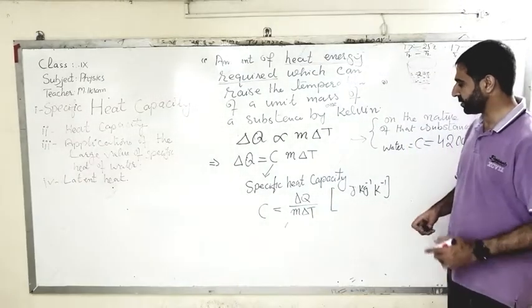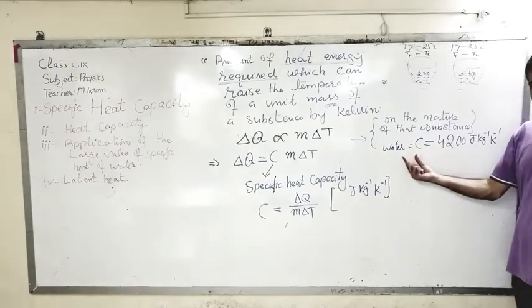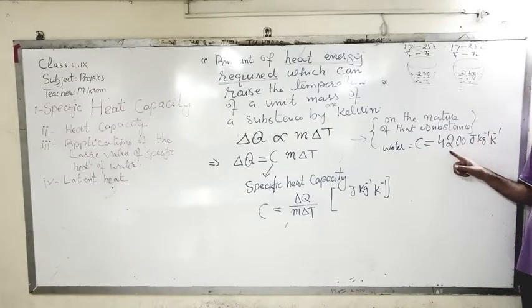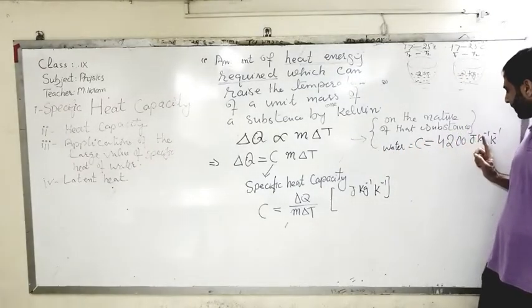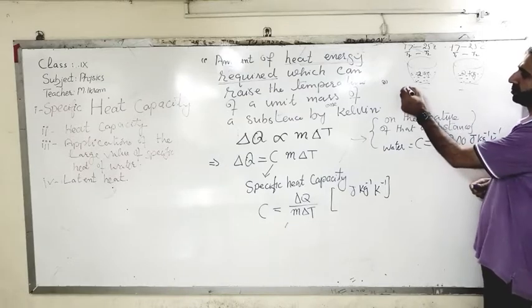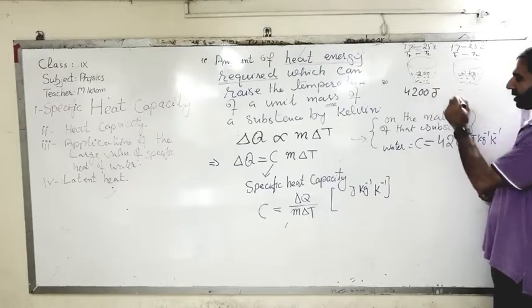So look at the specific heat of the water. For water, if you want to raise the temperature of water by 1 Kelvin, you need how much energy? You need 4200 joule of energy.